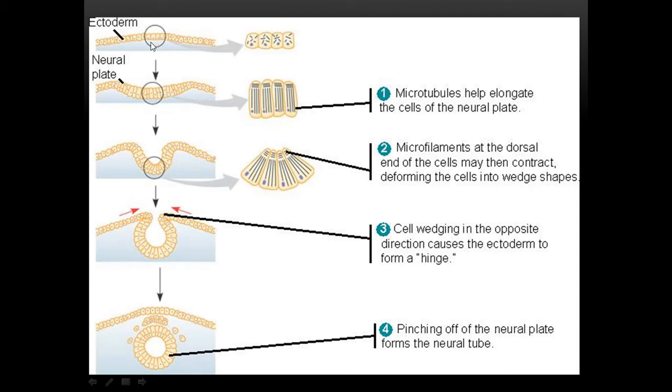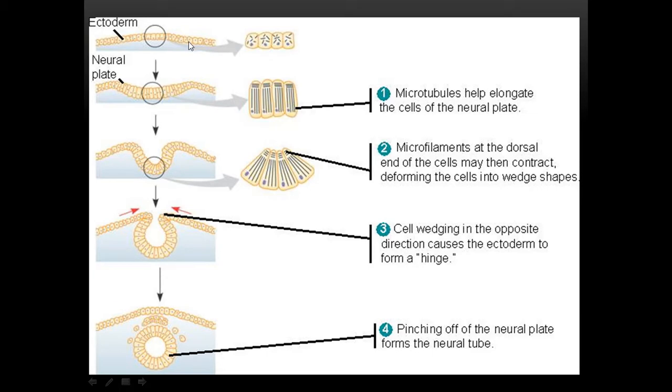We expect the inductive factor to be produced by these cells. The inductive factor later on will be interpreted by competent ectodermal cells, and that will produce a change in the morphology of these responding ectodermal cells.